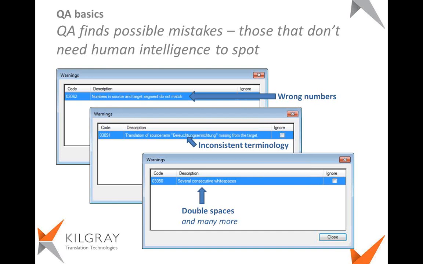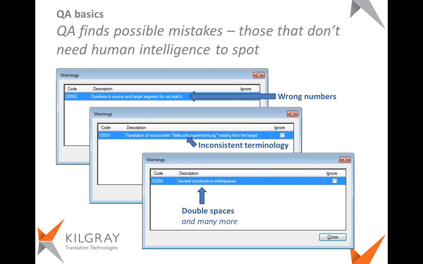This is more translation related, of course, and this is intended to speed up the quality check, which means that a QA tool, a quality assurance tool in a translation environment, contains algorithms, logic to spot signs of possible mistakes.